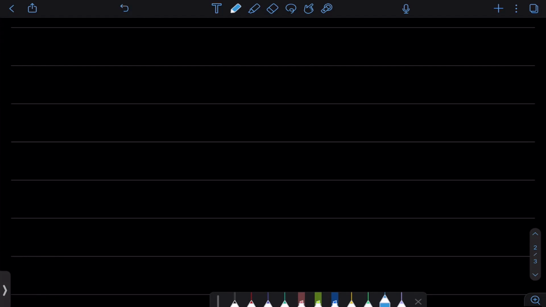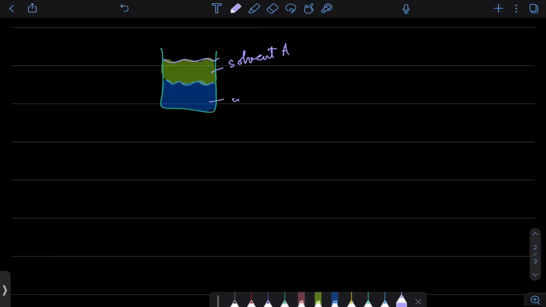Let me give you an example. Let's say I have a beaker, and in this beaker I've added some water, and that water, let's say, is like this. And I've added some organic solvent, and that organic solvent is over here like this. Now they're immiscible. That's one important thing. Let me call them solvent A and solvent B, or water.